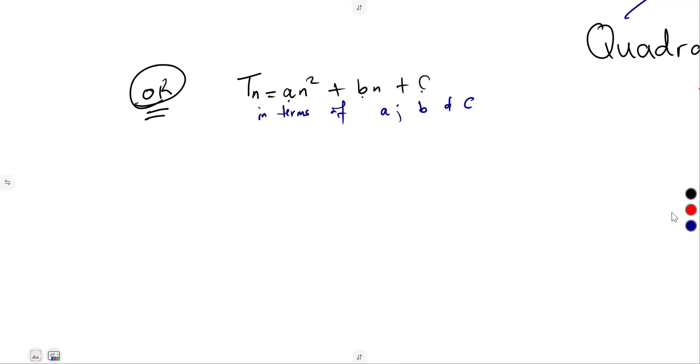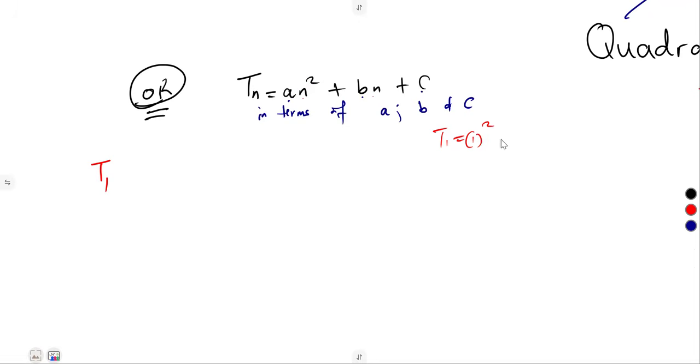Meaning, for the first term, T1, n is 1, so you must substitute 1 in place of n. Just like the previous case, where there is n here, we are going to put a 1.